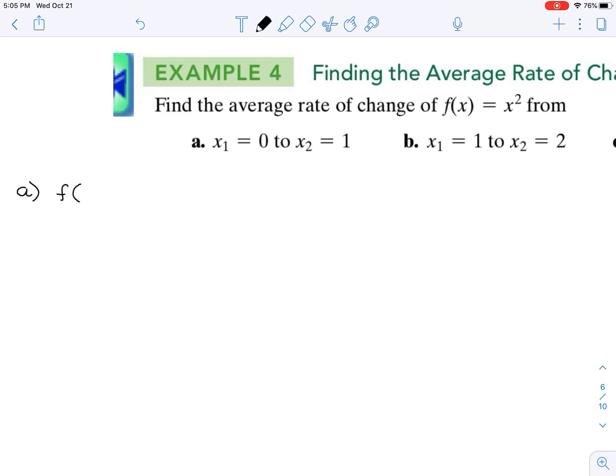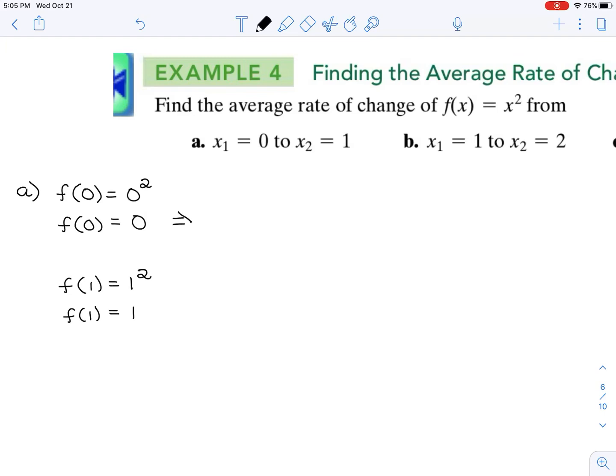So f of 0, which is my x1, is going to be 0 squared. So f of 0 is just 0. Now I'm going to plug in the x2 value of 1. So f of 1 is 1 squared, and f of 1 is positive 1.